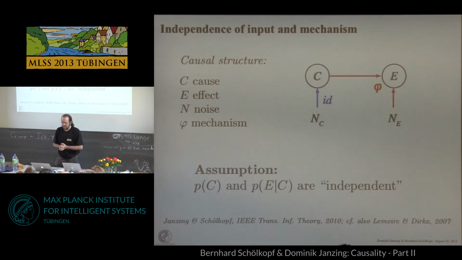So the mechanism, we think of it as a physical process in the world, and this process somehow doesn't care what kind of input distributions it is faced with. So what you feed into it doesn't affect the mechanism in this case. And that's an assumption, so it could be violated. It's not vacuous, because how could it be violated? It could be, for instance, that there are mechanisms out there in the world that have been tuned, for instance, by evolution to expect certain input distributions.